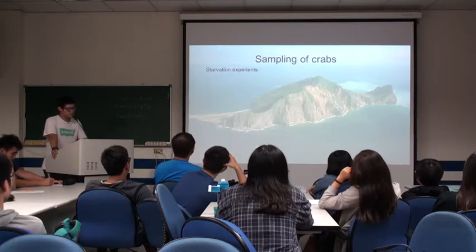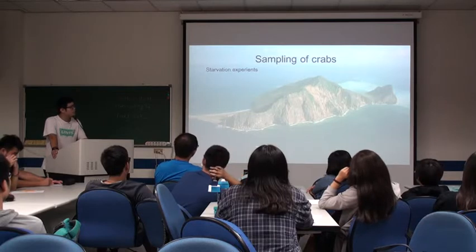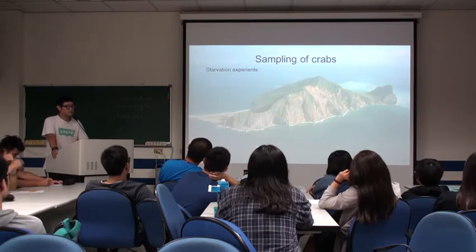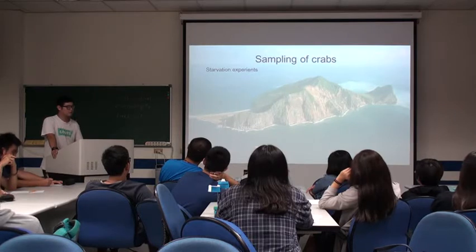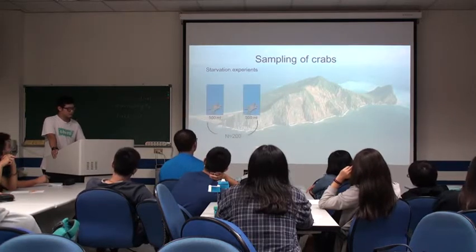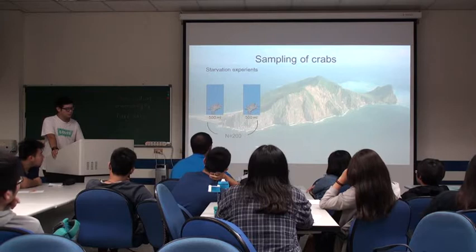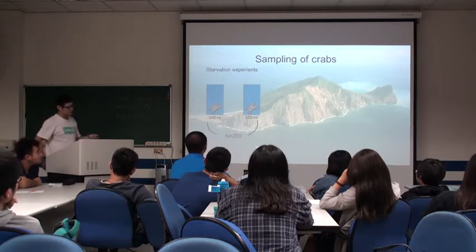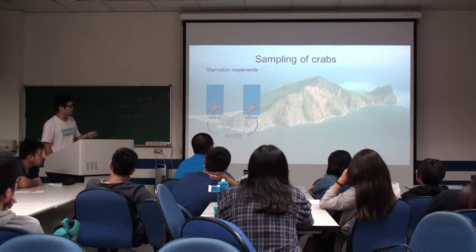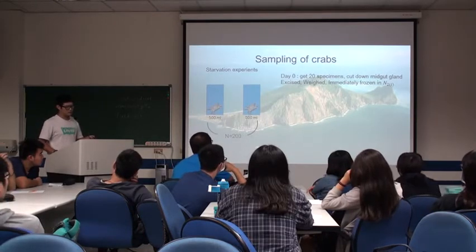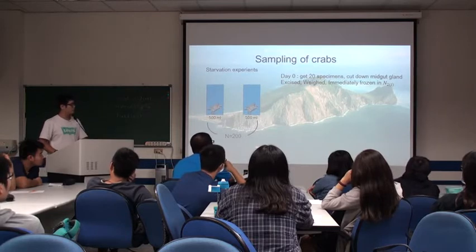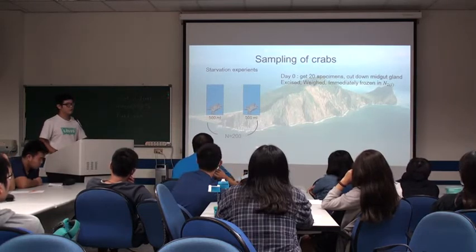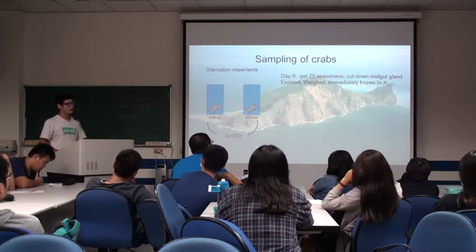For the starvation experiments, which aim to make their stomach and gland clear, they put them into 200 bottles of about 500 milliliters individually, to separate them and avoid them attacking each other.